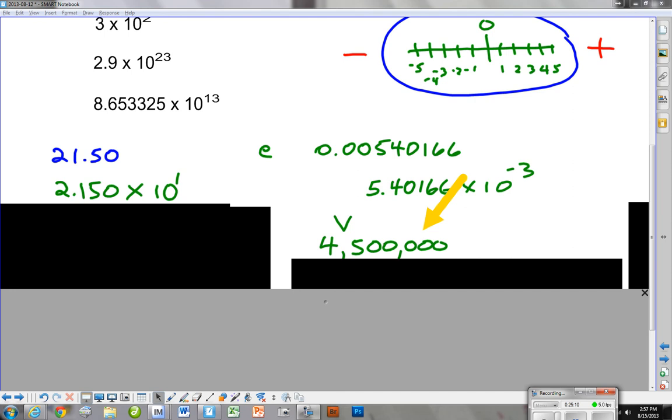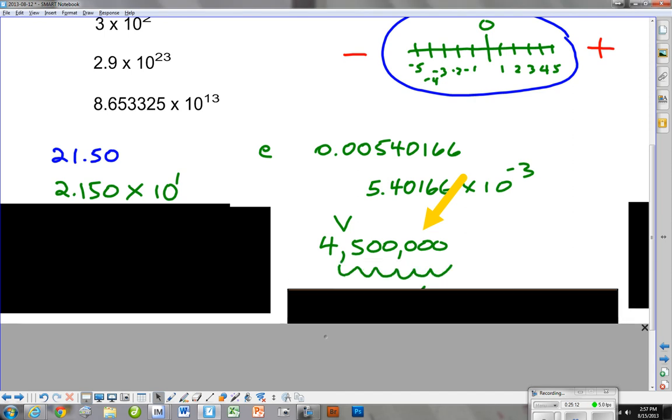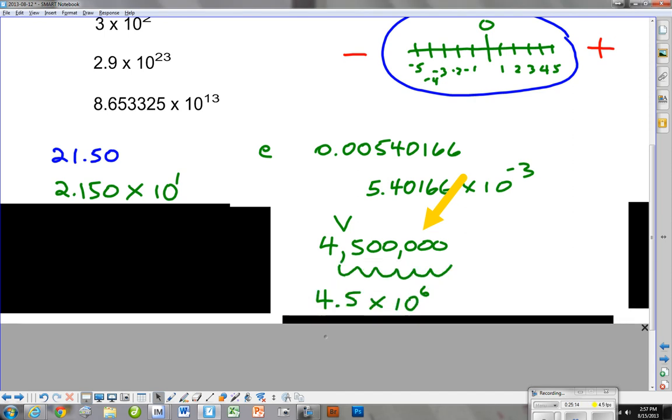So, let's see if you got it right. 10 to the 6th, right? Correct? Yay. Now, we don't write the zeros because there's no decimal anywhere in the number. So, why do we have the power of 6? Because it's still got the 5 zeros. The problem is that they're not sig figs.